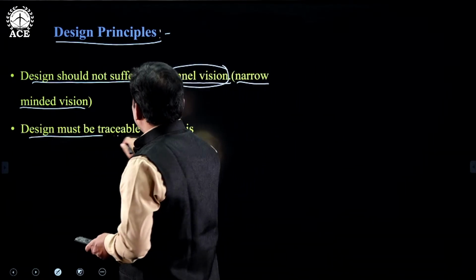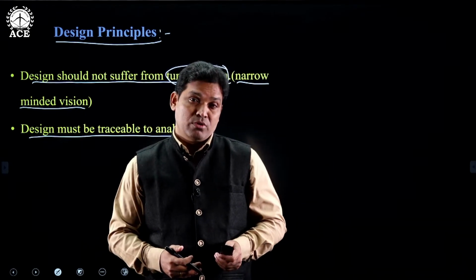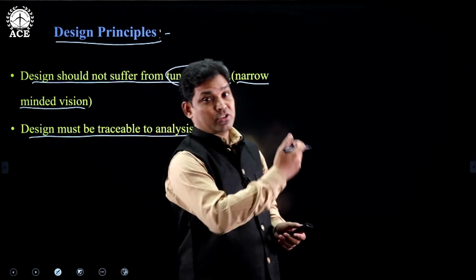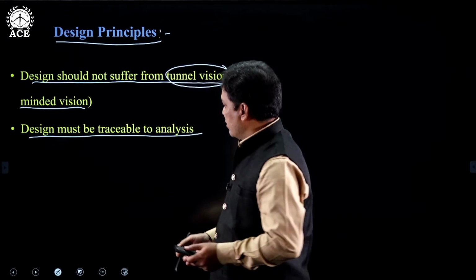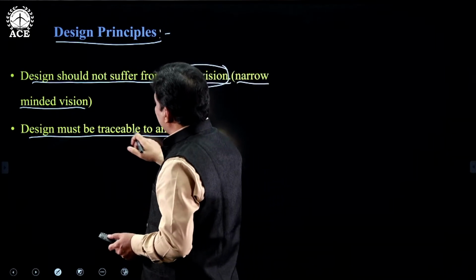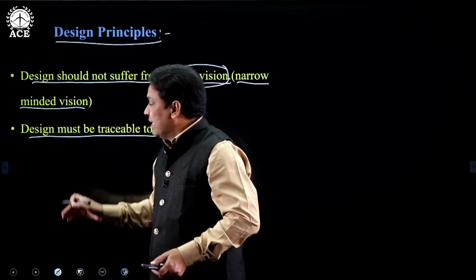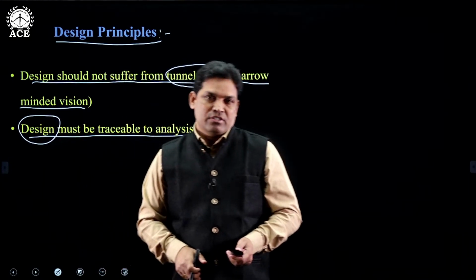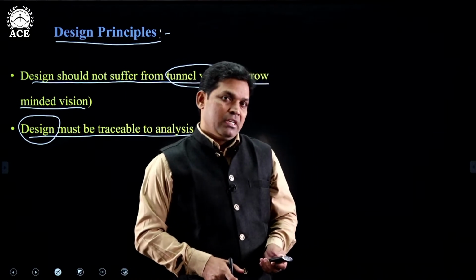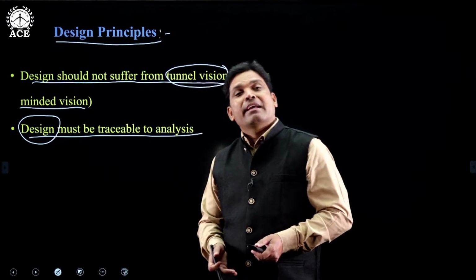Design must be traceable to analysis. What is meant by design must be traceable to analysis? Just now we discussed the SDLC phases, the software development life cycle phases. Where exactly must design be traceable to analysis? The first phase of SDLC, as we just discussed, is planning and risk.